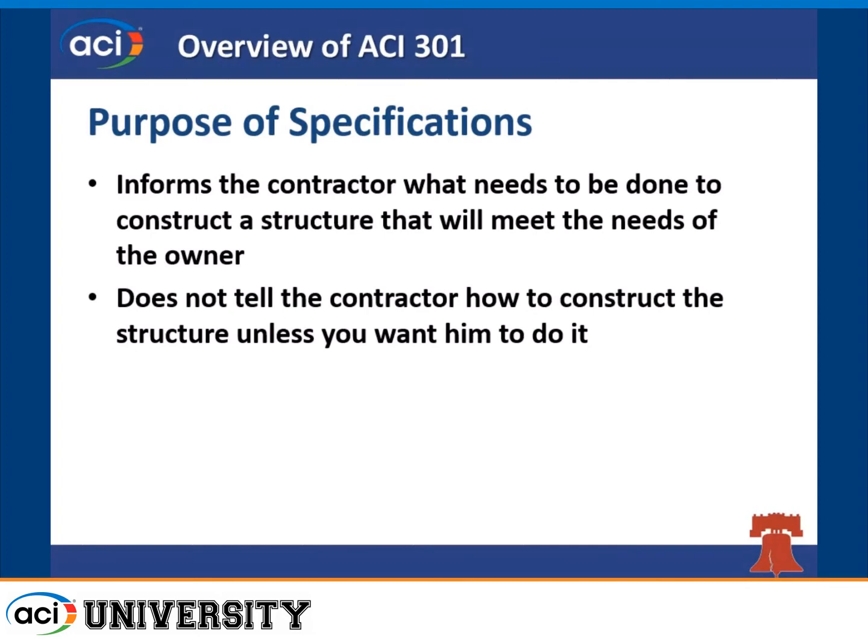Maybe there's a curb and gutter application with slip form, so there's a very specific way of placing that concrete. But if it's not a specialty application like that, we shouldn't be telling them how to do it. We should be telling them what we want. So it's more of a performance requirement. It might include a little prescription in the design and the mixture and some of the enhancements that we want, type of finish, but not necessarily the way to get it done.